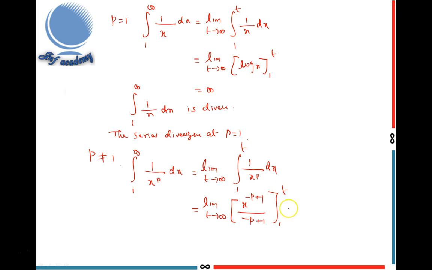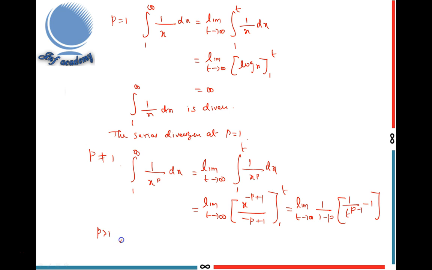Here 1 minus p is a constant, so I take it outside. First I substitute the upper limit t, so I get 1 by t power p minus 1, and I substitute the lower limit, where 1 power anything is 1, so minus 1.